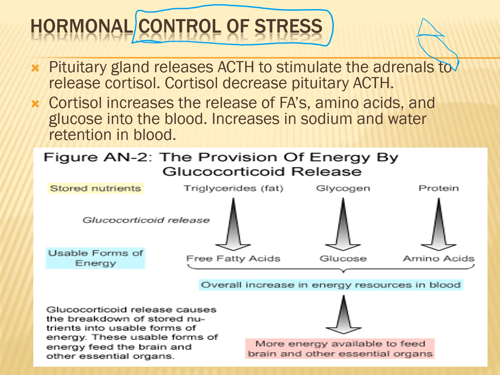The first one I'm going to mention is called cortisol. And cortisol release is controlled by the pituitary gland, by one of those stimulating hormones, ACTH, which causes the adrenal gland to release cortisol. And cortisol causes breakdown of fat and proteins to increase energy sources in the blood in response to stress.